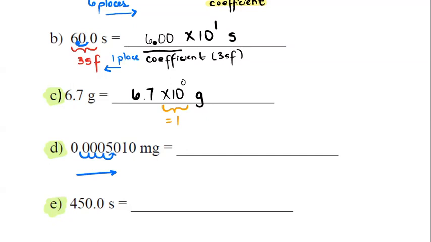Now, our measurement has 4 sig figs. So 5.010 is going to be our coefficient. We're going to do times 10, negative because we move left to right, 4 because we move 4 places. And lastly, we put the unit, mg, for milligrams, okay?